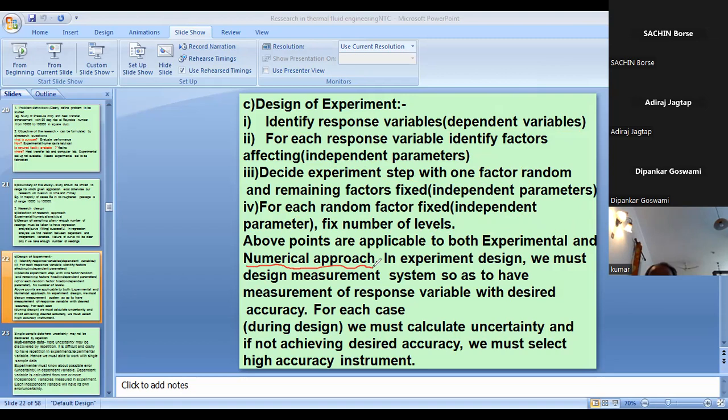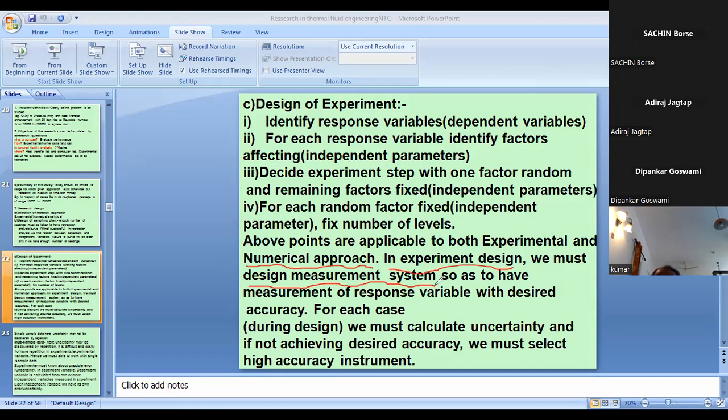We have to see what is the range of that particular independent parameter, and then we decide the steps. We have to vary in the steps. Okay, for each step, you have to take the reading. So in experimental design, we must also design the measurement system. Please understand, this is very important for the research.